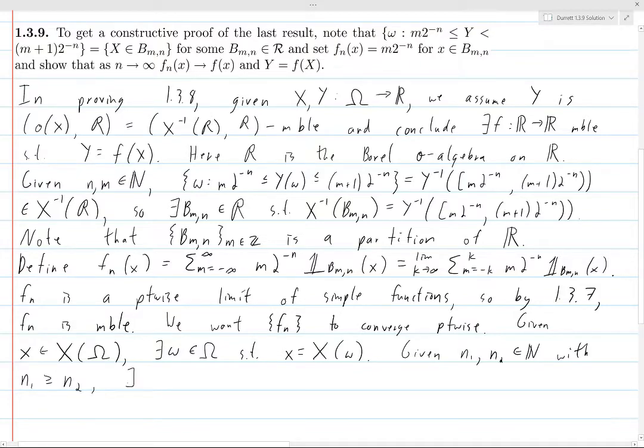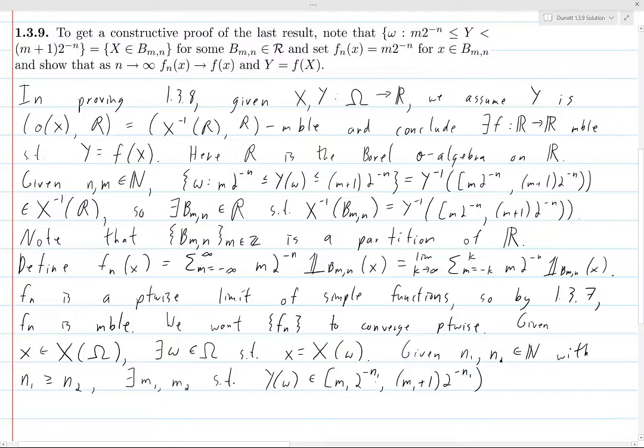So given these, there must be some m1 and m2, also natural numbers, such that Y of omega must be in [m1 2^(-n1), (m1+1) 2^(-n1)). Because if you let intervals of this form range over all values of m1, you're going to get a partition of R. And since Y of omega is in R, there must be some value of m1 which will make this interval contain Y of omega.